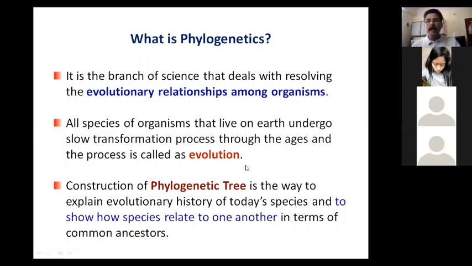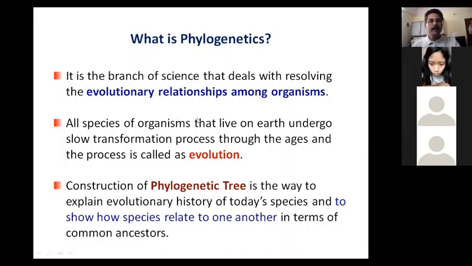So by going back into the evolutionary relationship among the genotype of the organisms, it is now possible to find the ancestry of the species, and based on the ancestral origin, we can establish relationship among them.